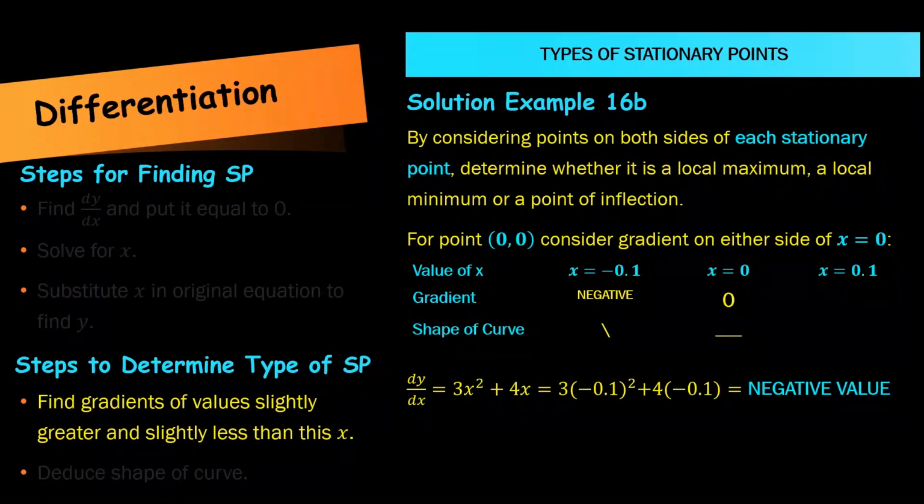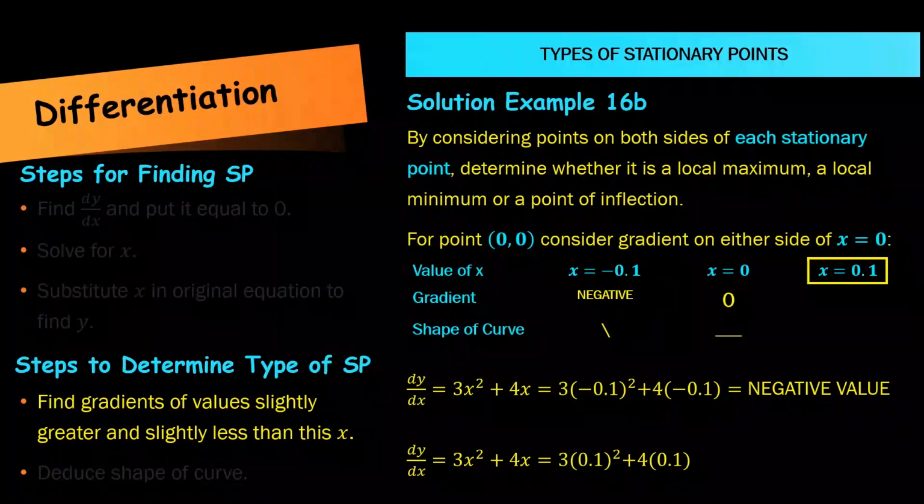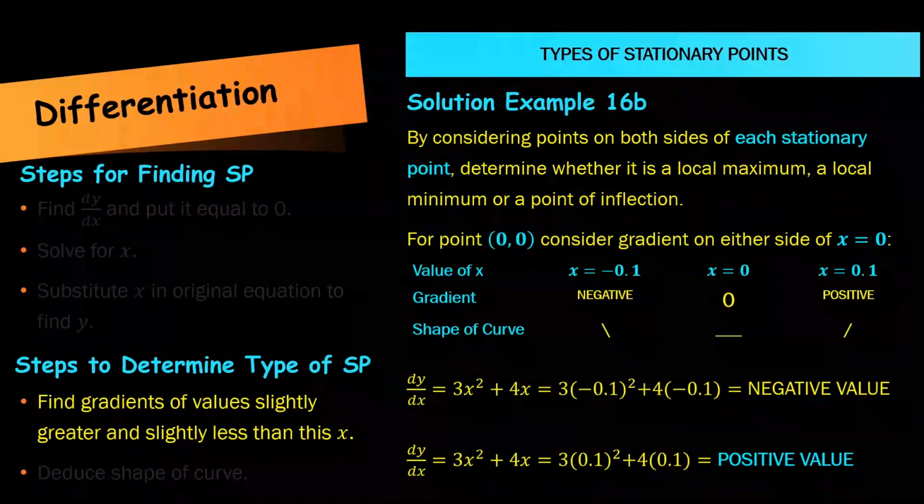Plug this value in to dy/dx. This time we obtain a positive value. Therefore, at x equals 0.1, the gradient is positive and the shape of the curve is as shown. And therefore, we have that (0, 0) is a local minimum.